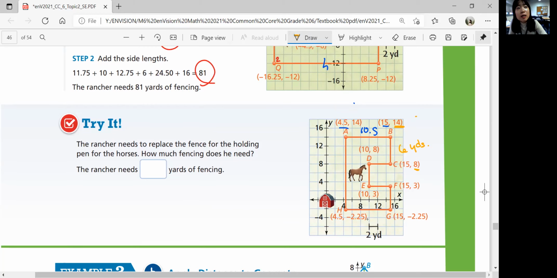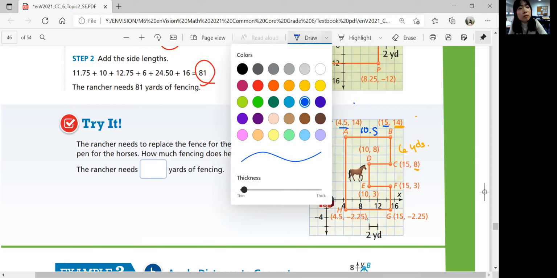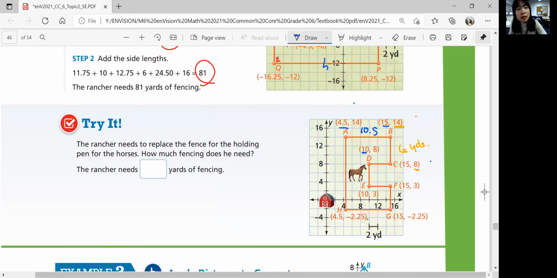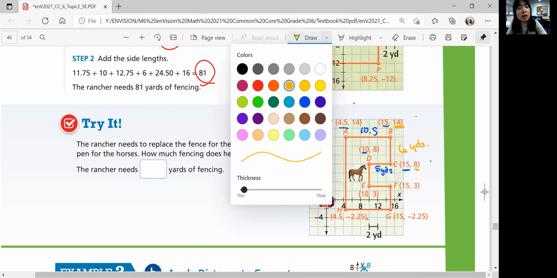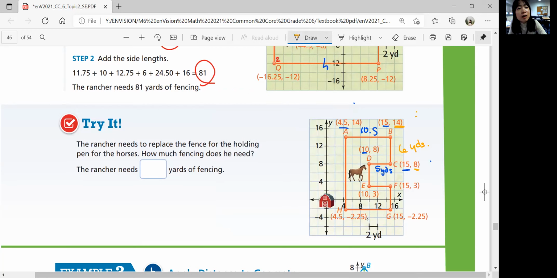And what about C to D? Have 10 and 15. Subtract them, 5 yards. And then D to E, 8 and 3. Subtract their absolute values, 8 minus 3, 5 yards.